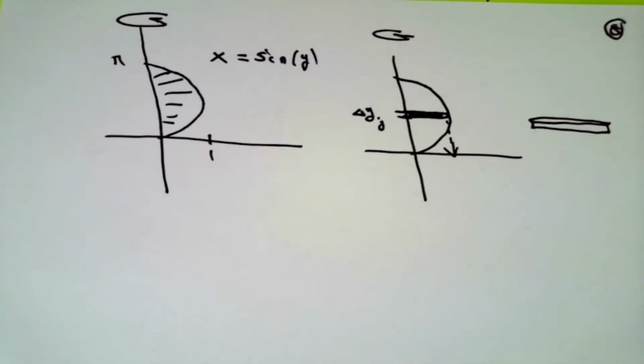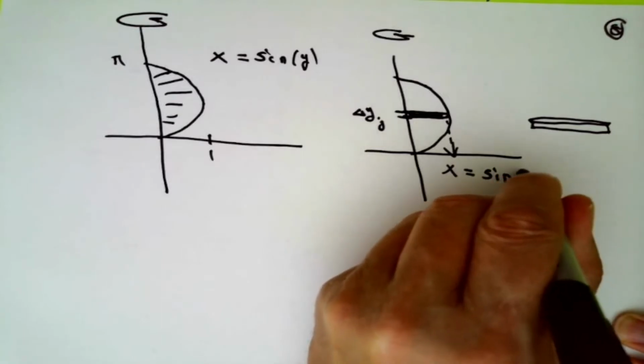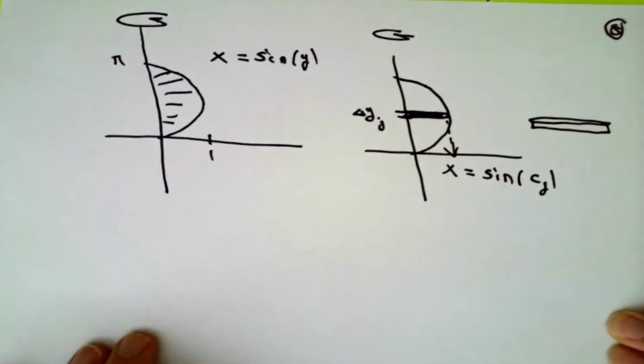Within strip number j, pick a characteristic y number, which I'm still going to call cj. The biggest x-coordinate that I can get, as far away from the y-axis as I can get, is when x is the sine of whatever the y value is. If y is chosen to be c number j, then the right-hand end of this horizontal strip is going to be at x equals sine of c number j.